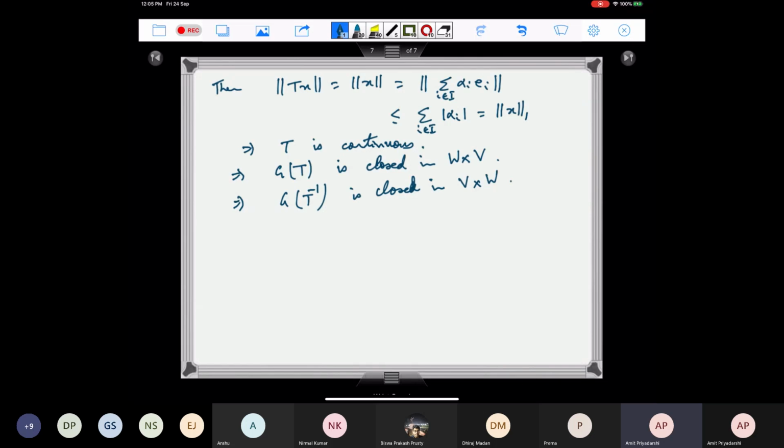So we saw that for this map T inverse, the conclusion of the closed graph theorem is not true. So T inverse is a linear map whose graph is closed, but we claim that T inverse is not continuous. So why is that? T inverse from V to W is not continuous.